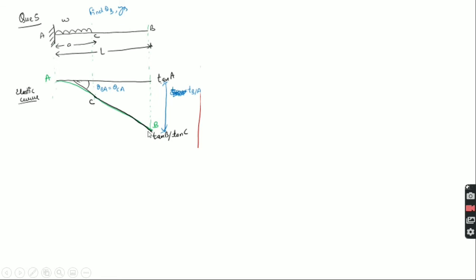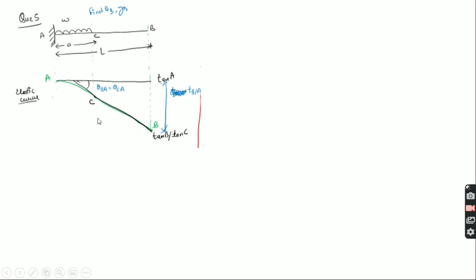So the tangent at B will coincide with the curve. As you can see, this black line is the tangent. So the tangent at B and C will coincide with this BC portion.